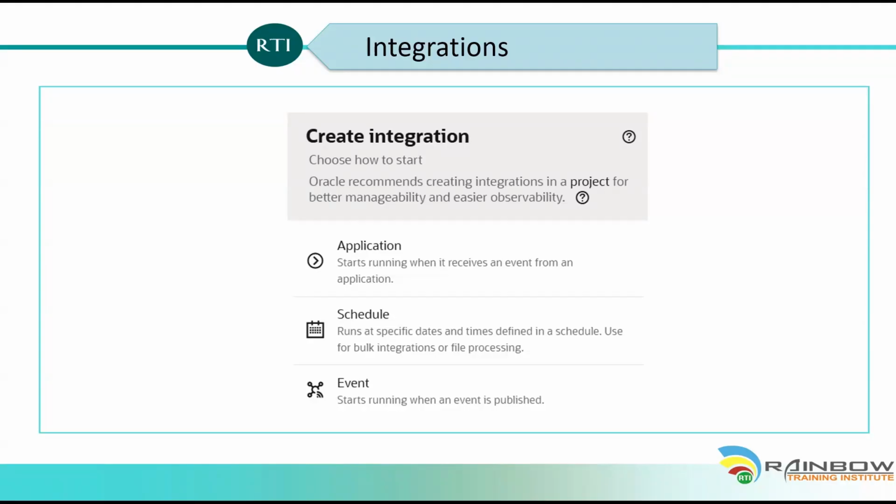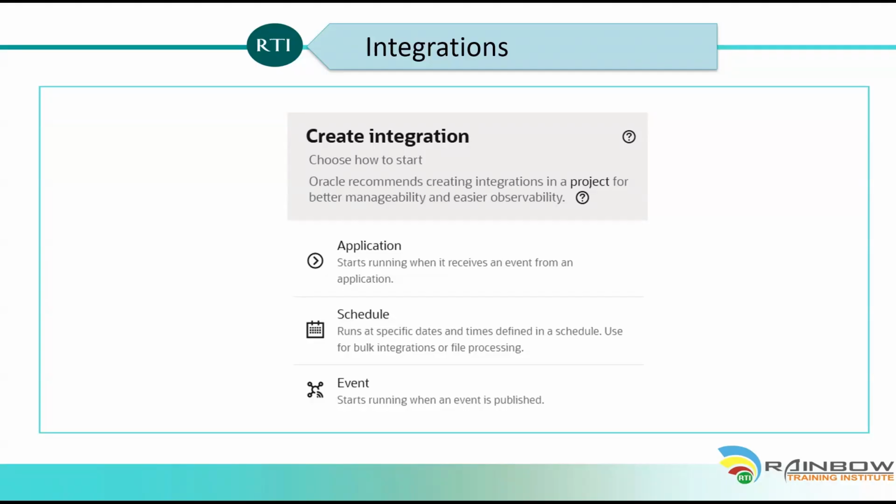Behind those screens, an application type integration must be invoked. When we create an application type integration, it gives you a REST URL or a SOAP URL, and that URL is configured into that button click or that particular event submission.